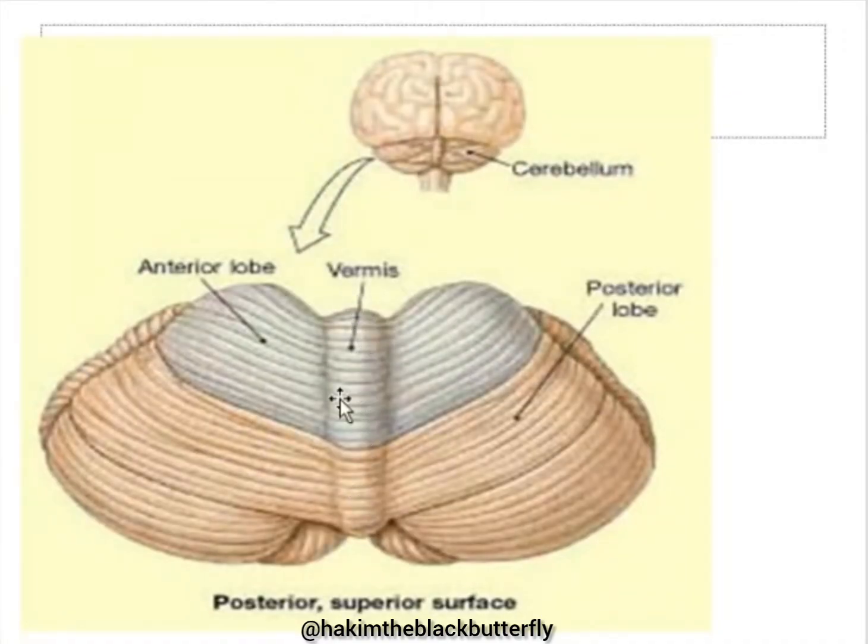So this midline vermis is cerebellar tissue, which is in between the left and right hemispheres of the cerebellum. The two hemispheres are connected by a midline worm-like cerebellar tissue known as a vermis, as they lie in the posterior cranial fossa.